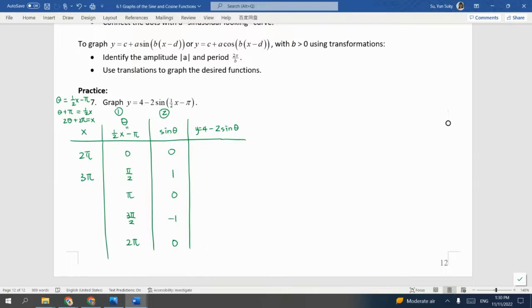When you plug in theta is pi, 2 times pi plus 2 pi is 4 pi. How about we plug in theta is 3 pi over 2? What do we get? 5. Next.